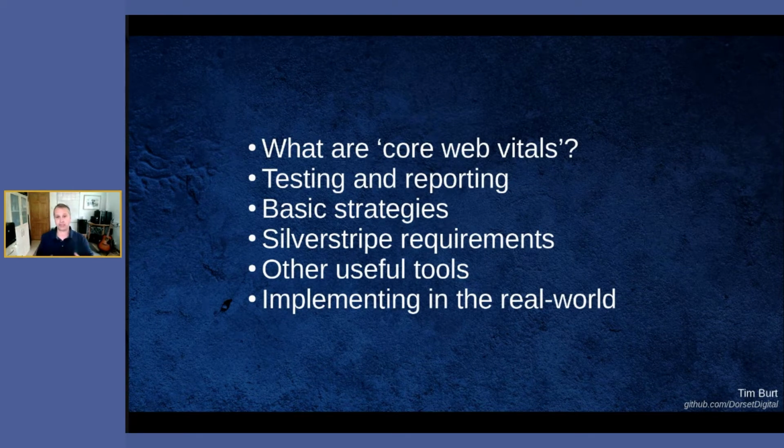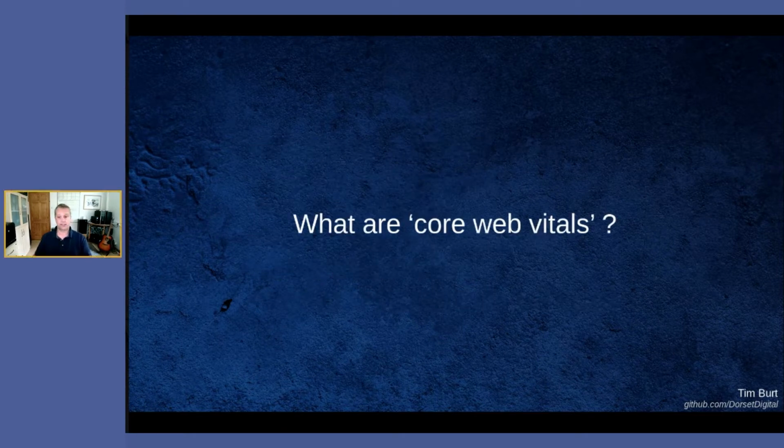So if you use these as a measurement, as a guide to go by, then you'll get really good results from real users. We're going to talk about ways to look at this and some basic strategies to approach it with. We'll have a quick refresher on the Silverstripe Requirements class and cover some real world examples of how we can actually implement some of these things. So straight into it, because I know we're running a little late today.